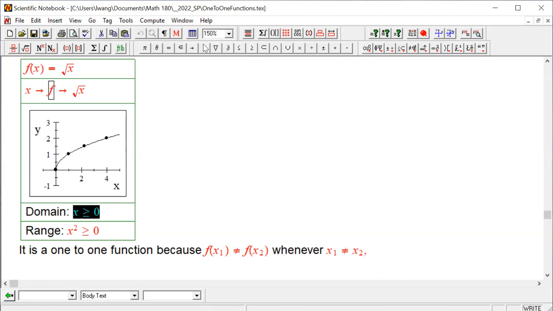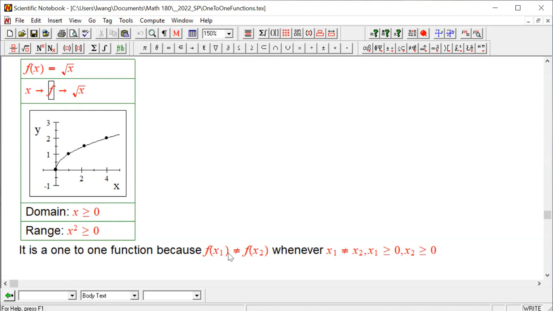So x sub 1 and x sub 2 are different, but both of them must be larger than or equal to 0, because that's to guarantee they're in the domain.